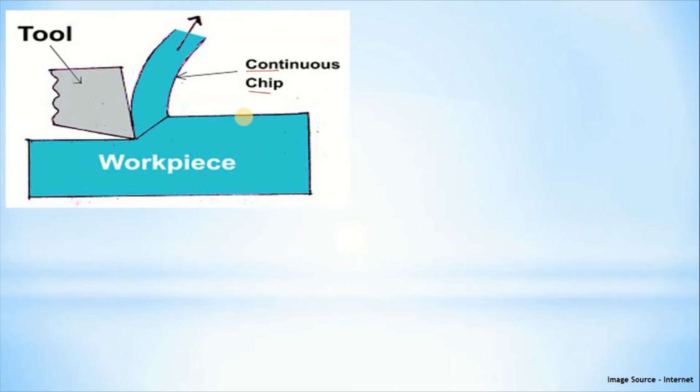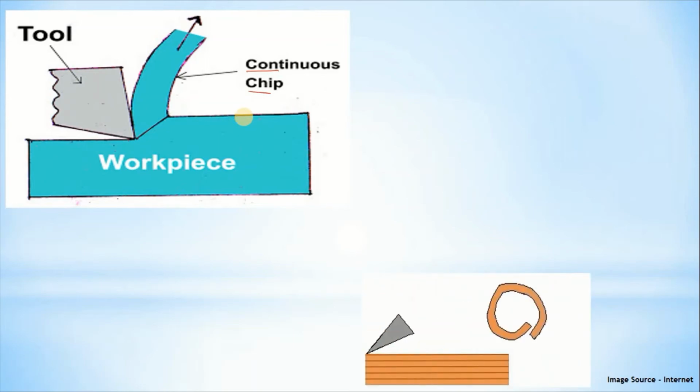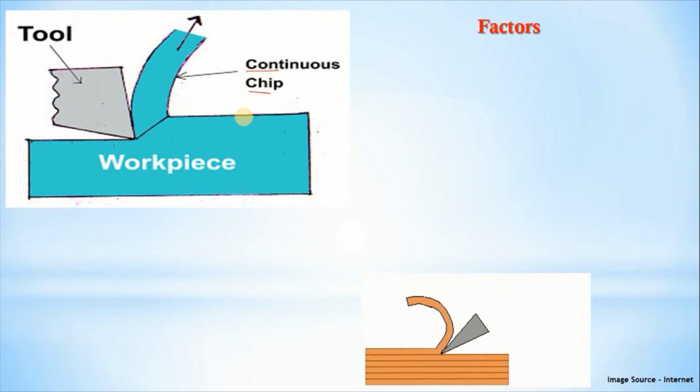There any small chips which are formed will produce the built up edge. But there are some factors which can produce the continuous chip without built up edge. So what are the factors?